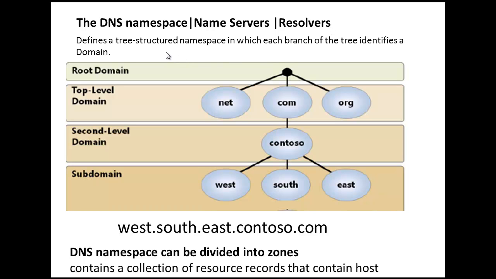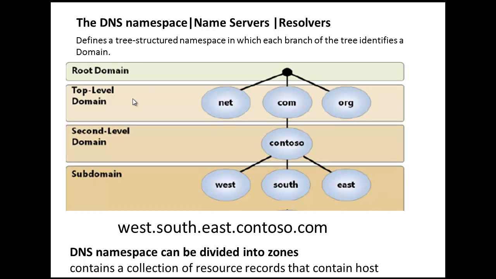DNS is defined as a tree-structured namespace in which each branch of the tree identifies a domain. In the example that we see here, we have at the top a root domain, which is a dot, which we don't actually write in the DNS address.